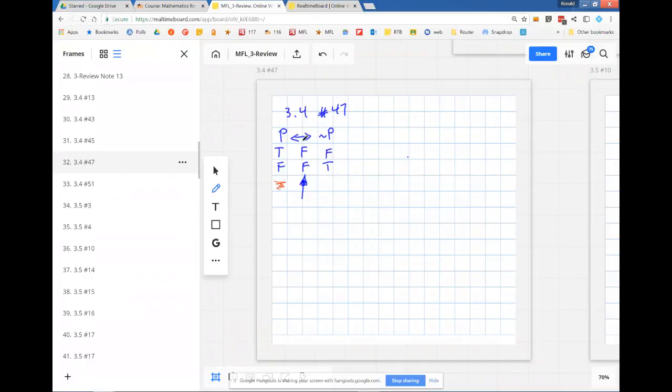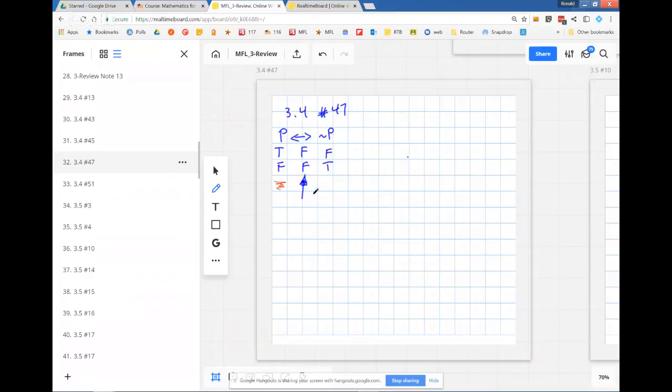And then when you do an if and only if, what's the rule for the biconditional? They have to be the same. Yeah, true only when they're alike. That's correct. And you notice in both cases, they are not alike. So true is not like false, false is not like true. And so both results are false, and that illustrates that it's a contradiction.